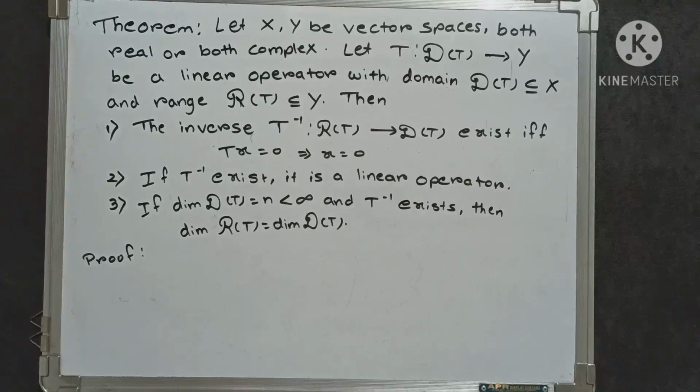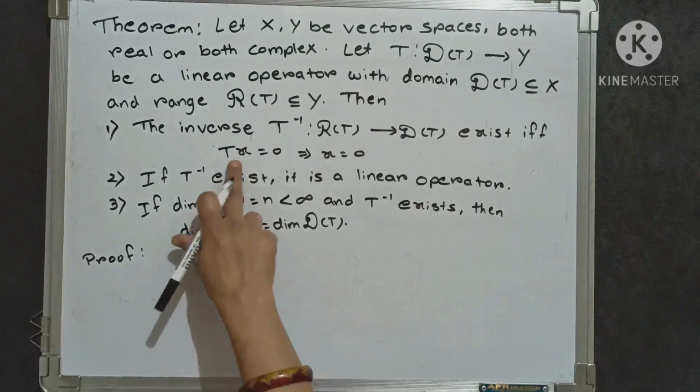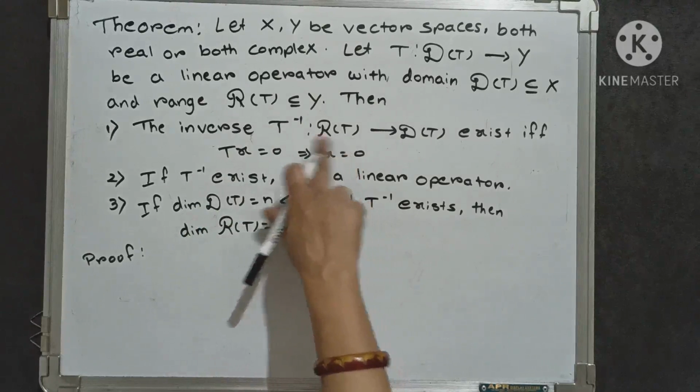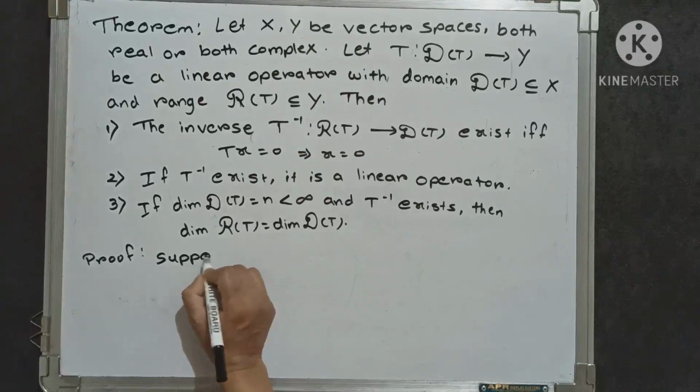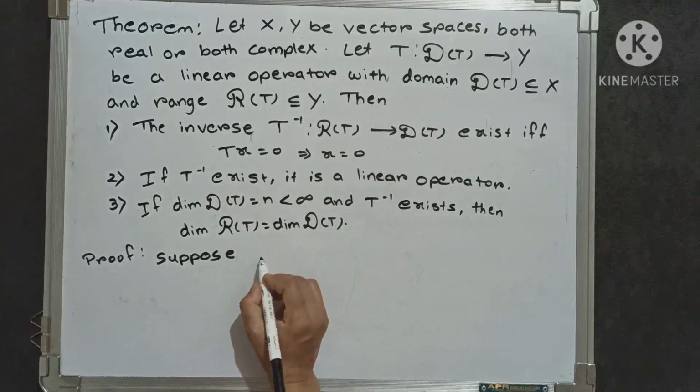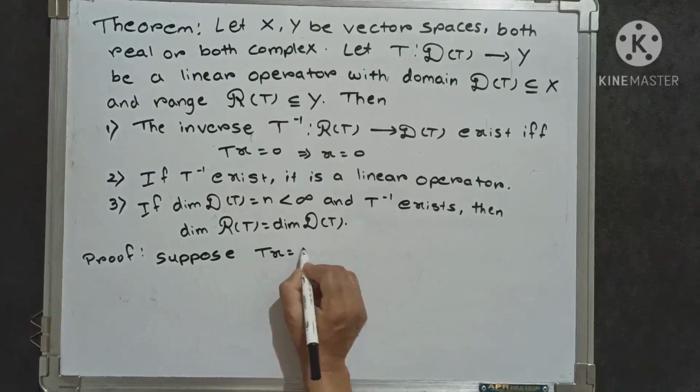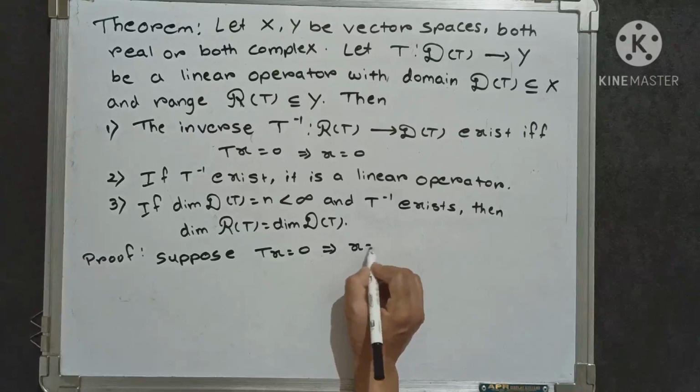Now firstly we prove the first statement, that the inverse exists if and only if Tx equals 0 implies that x equals 0. So firstly we assume this part and we prove this part. That means, suppose Tx equals 0 implies that x equals 0.